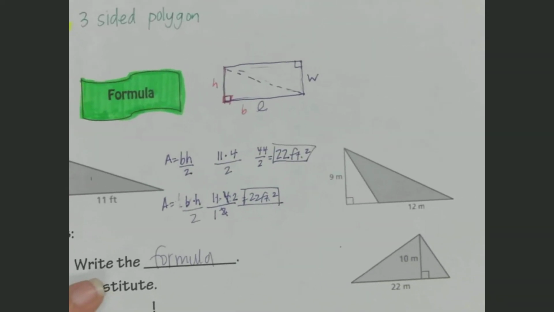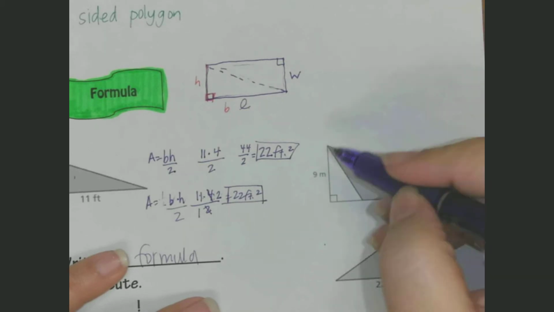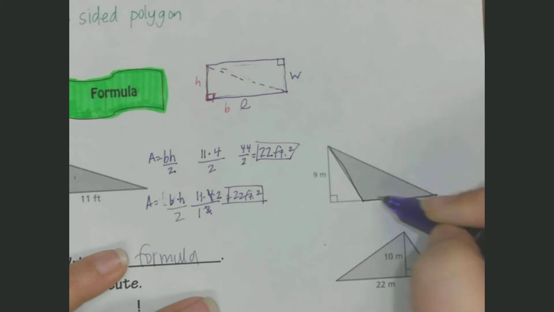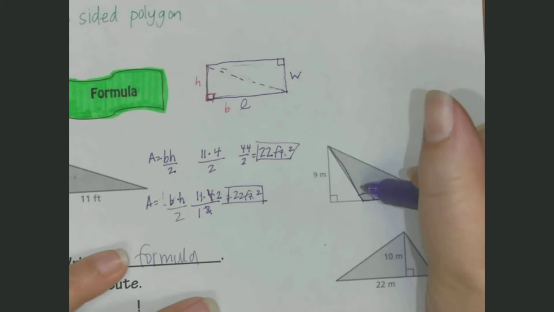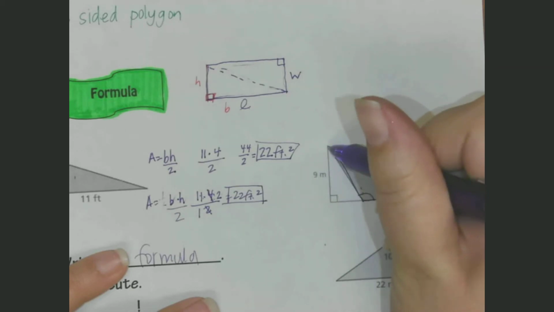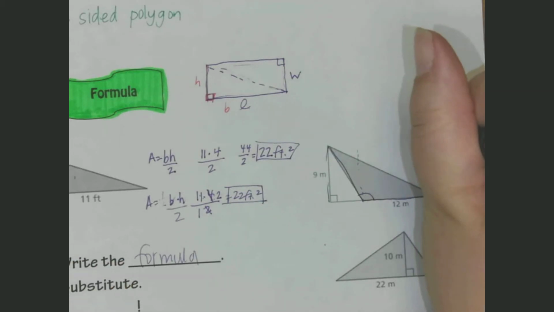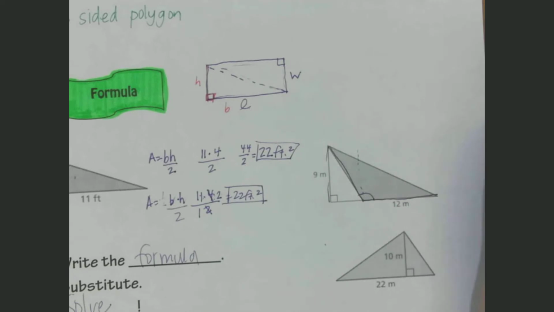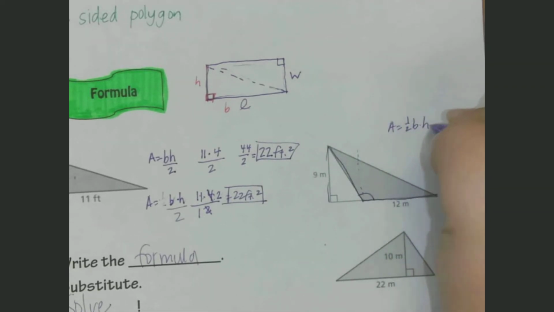All right, on this second example, we'll use the other way of the formula. Okay, notice that this is the actual triangle right here. This is called an obtuse triangle because this angle right here is bigger than 90 degrees. However, if you took the height right here, it would be 9. So they draw that for you out there, okay? So first step is write the formula. Area equals 1/2 of the base times the height.